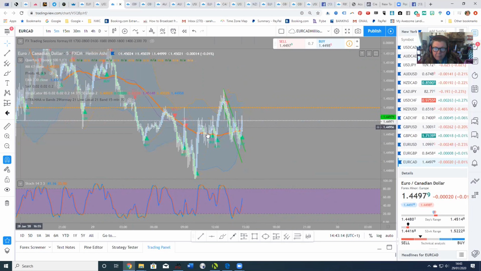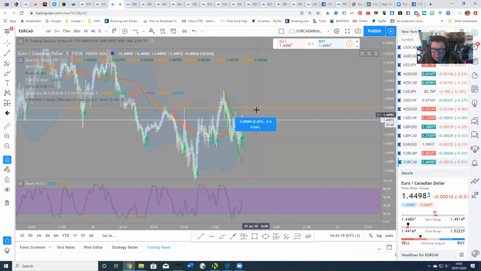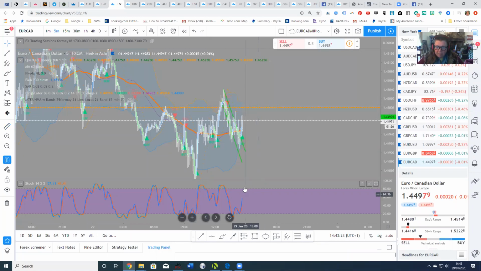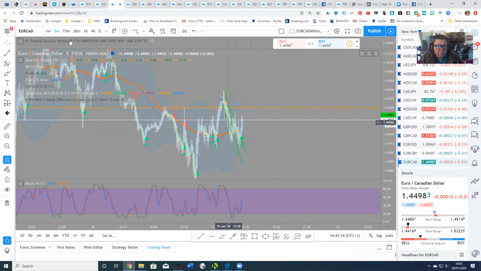There aren't that many pips anyway. So you wouldn't want to touch that at the moment as a buy on the 5 minute, because you haven't got enough room to move with your pips after spread from the broker, by the time you've pressed the button and the order's been placed.